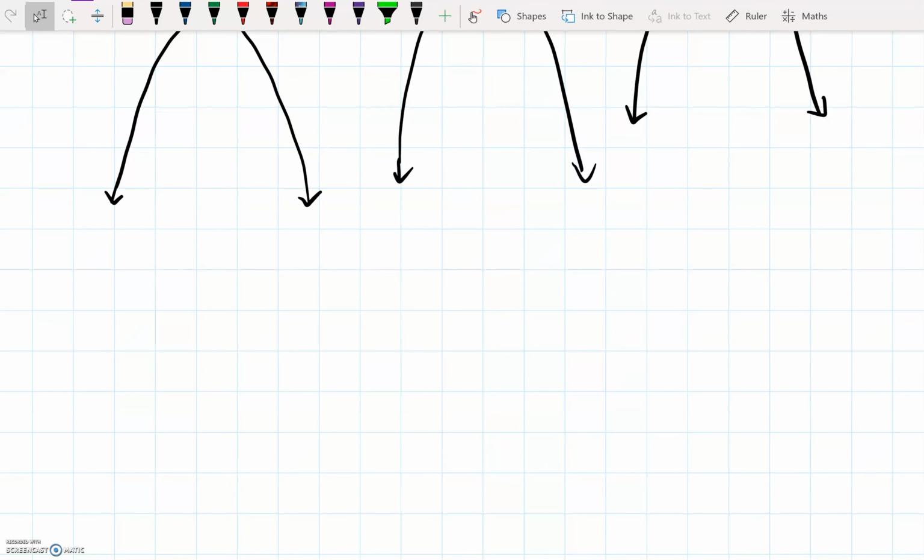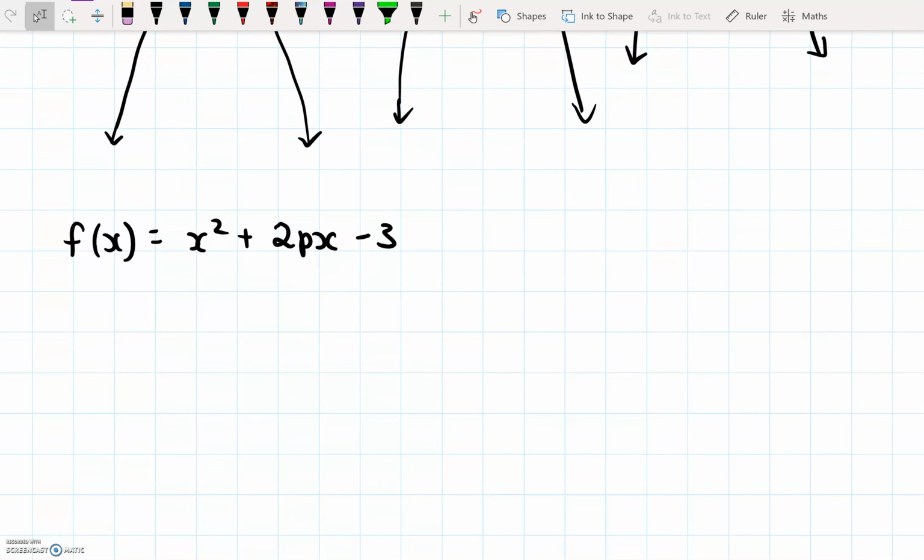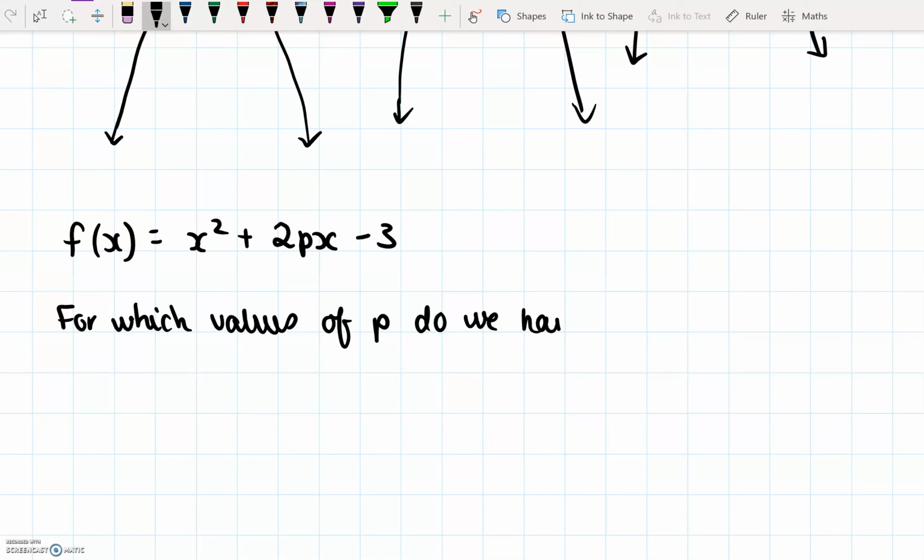So for example, if I have f(x) equals x squared plus 2px minus 3, and we want to know for which values of p we have two solutions.